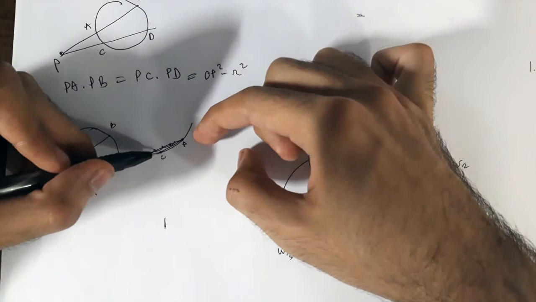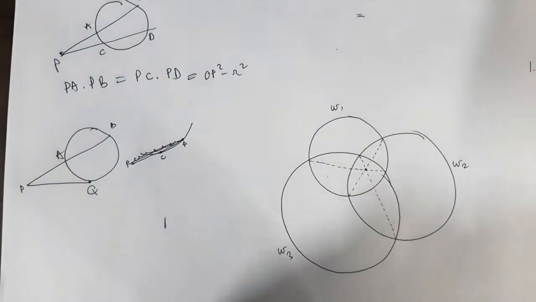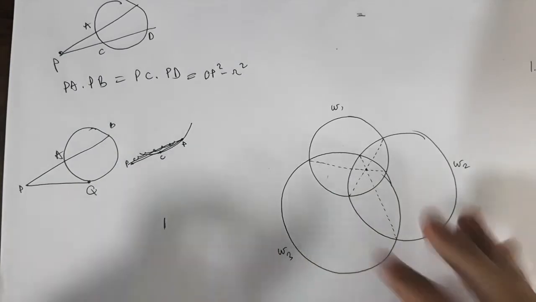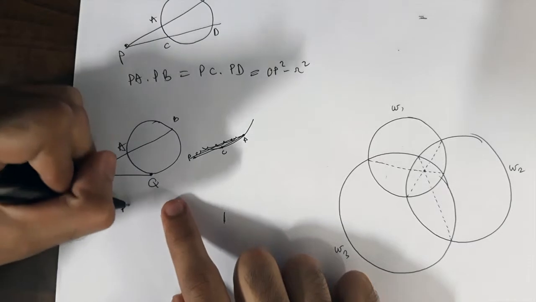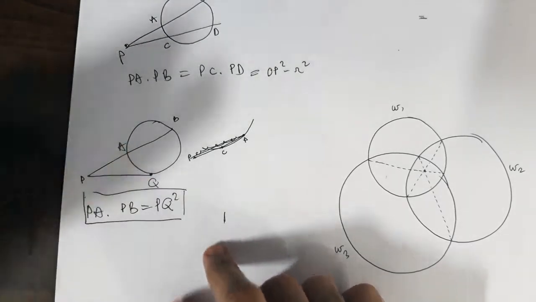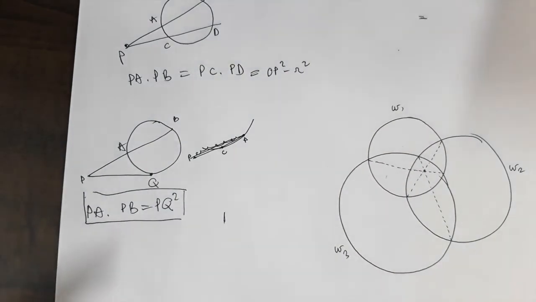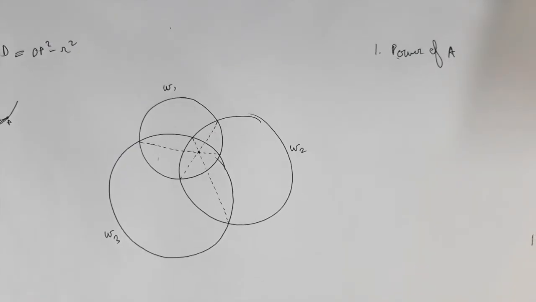But when they're getting infinitely close, PC into PD is almost the same as PC square, and that is what is the case here. Here PA into PB will be PQ squared. Even more interesting.